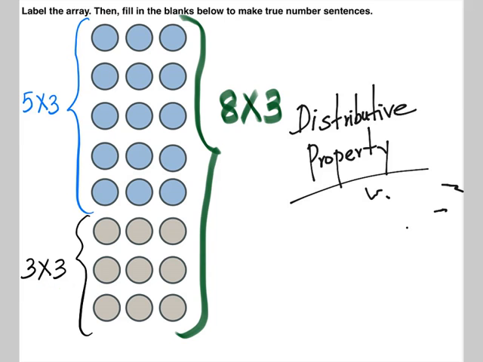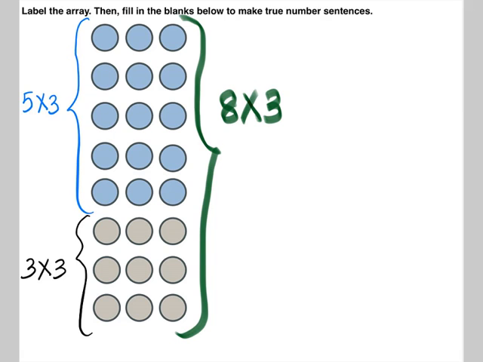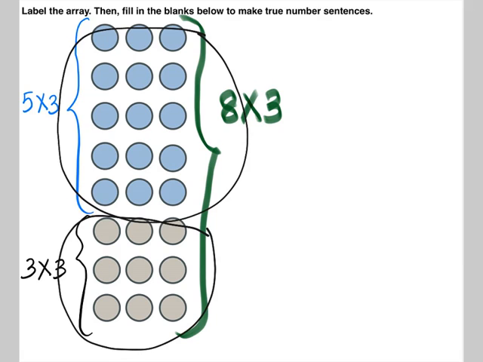So we know that when we add 5 times 3 with 3 times 3, we get 8 times 3. Or you can say that 5 times 3, together with 3 times 3, makes 8 times 3.